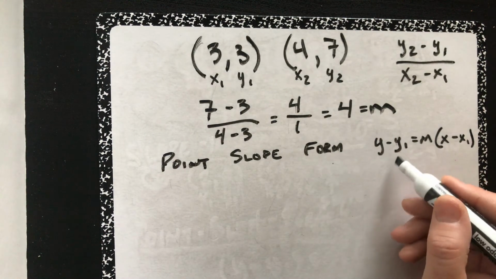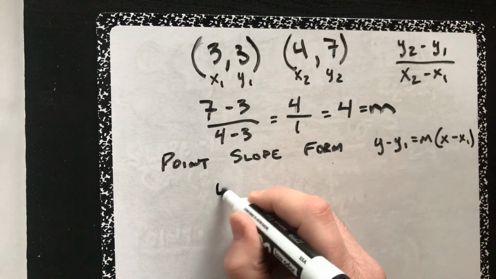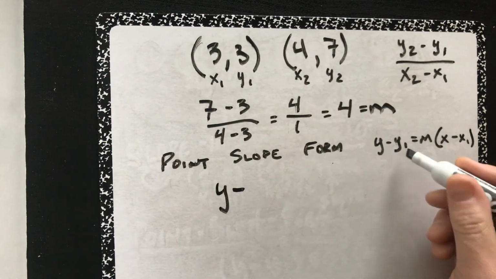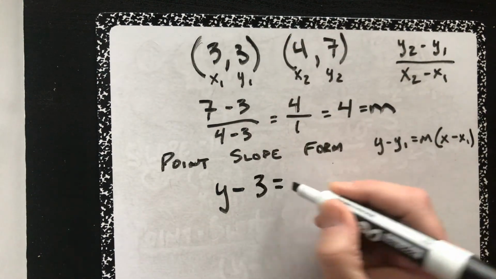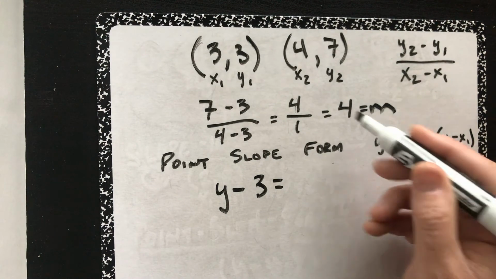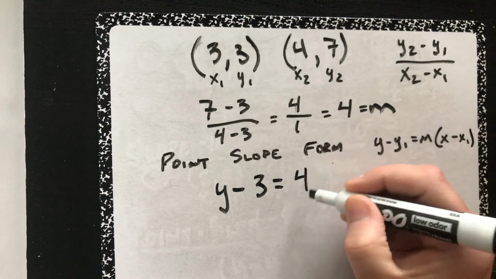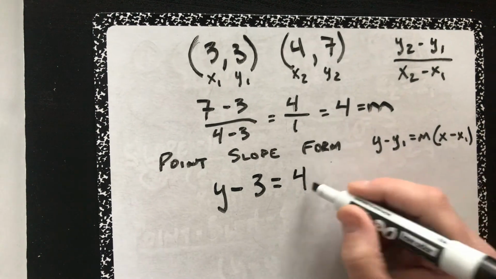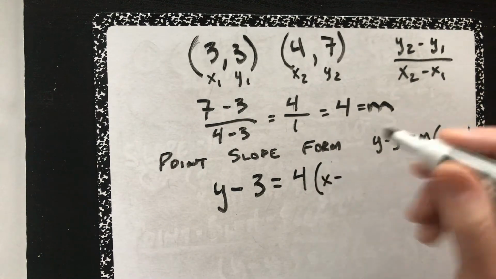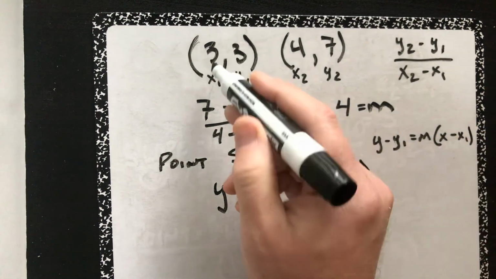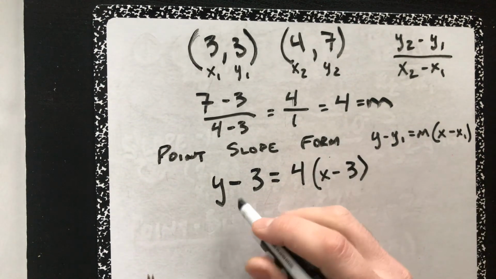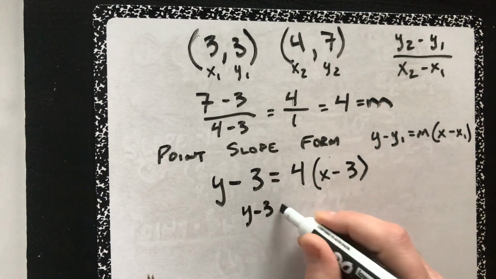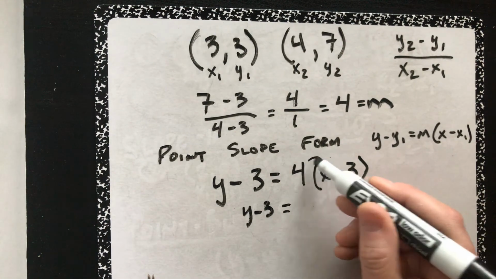So I'm going to plug into this equation. So it's y minus, well, my y sub 1, we'll call that 3. This is equal to m, which is 4. I just found that out. That's my slope. And then x minus x sub 1, which is also 3. And I'm going to solve this. So y minus 3 is equal to, remember to distribute here.